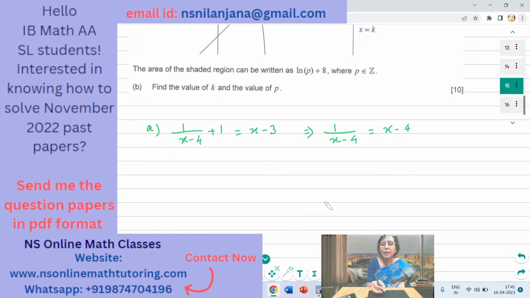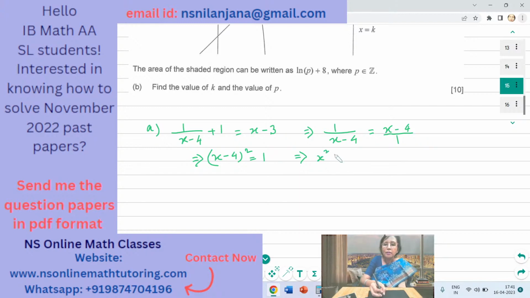And then we can multiply both sides by x minus 4, or you can say cross multiplication, to get x minus 4 whole square equal to 1. And now we will be expanding simply.